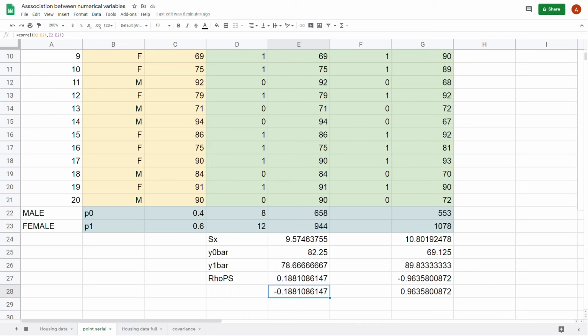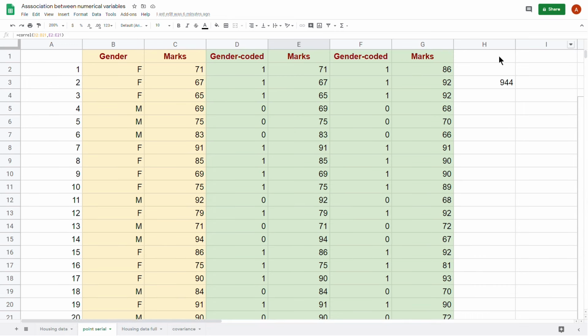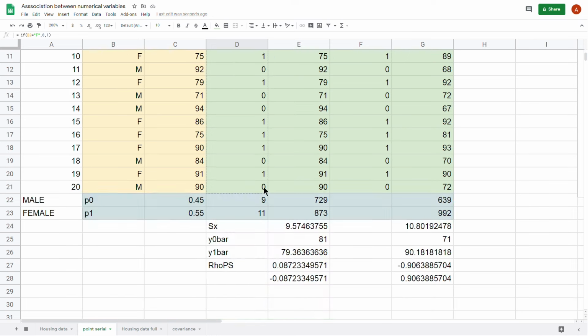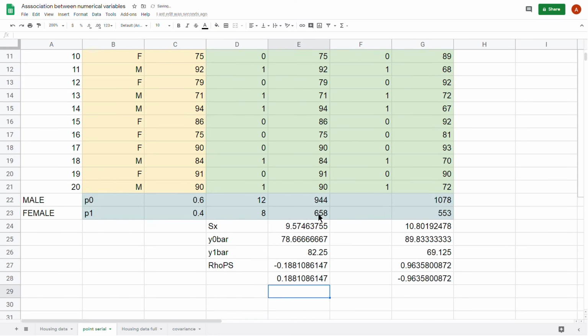I could have changed the ordering to be, if it is female it is 0 and it is 1 here, otherwise. So, you can see that there is a flip. Here I have 12 males, so now this would become a female, because I had 12 females, sorry, this would become a female now.